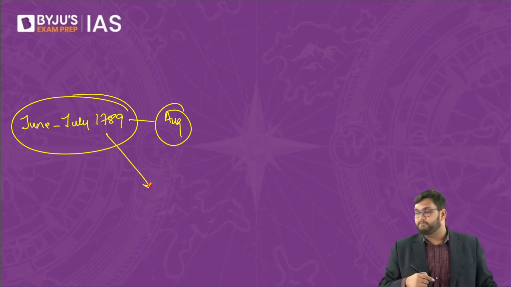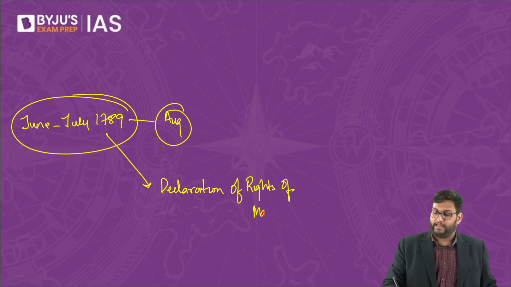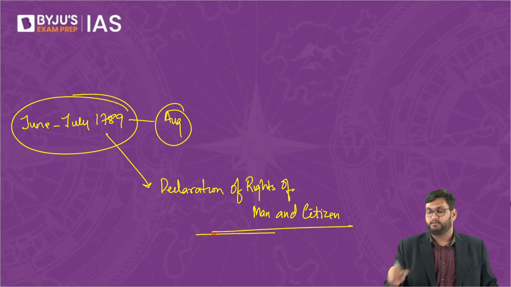So the National Assembly, in order to calm down the people, introduces a document which till today is considered the mother of all constitutions, which is called the Declaration of Rights of Man and Citizen.